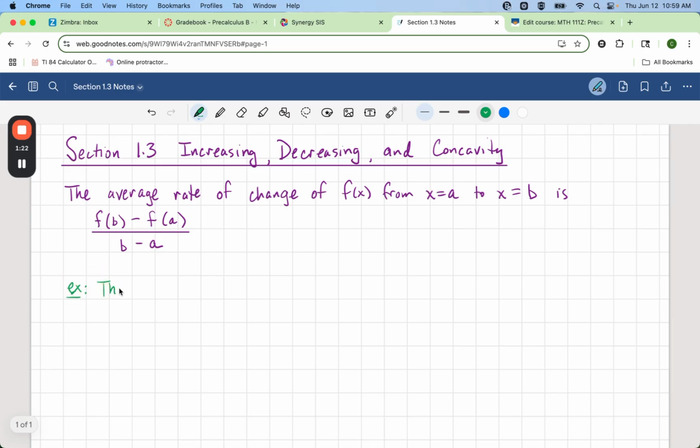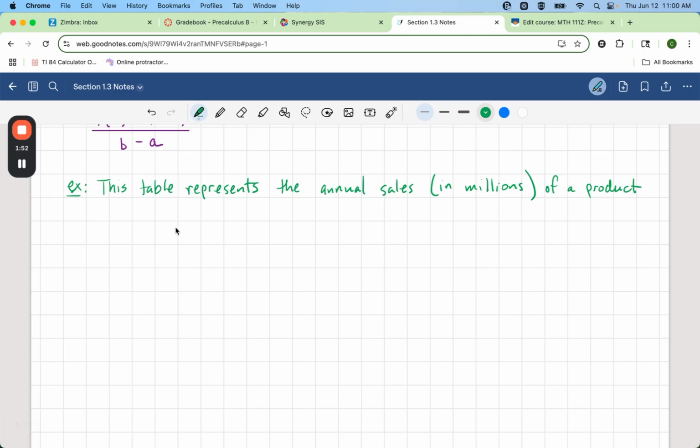So this table represents the annual sales in millions of a product. I have my year, and then I have sales, and the sales are in millions.